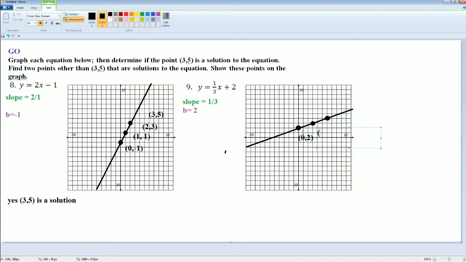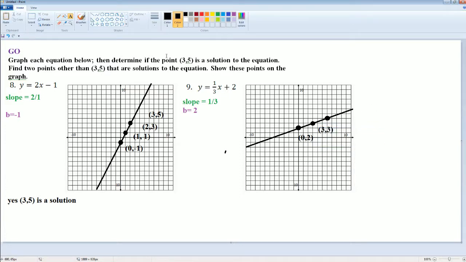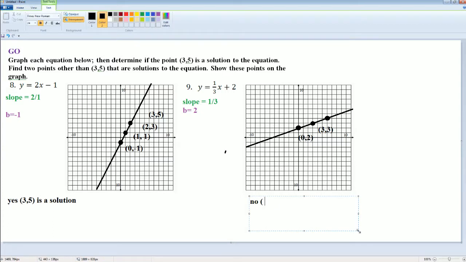So this is 0, 1, 2, 3, so that's correct. And 1 to the x, so that's 3 over 3. Oops, nope. We already see here that it's 3, 3. So we say no, 3, 5 is not a solution.